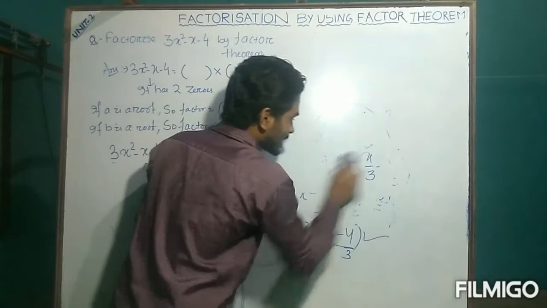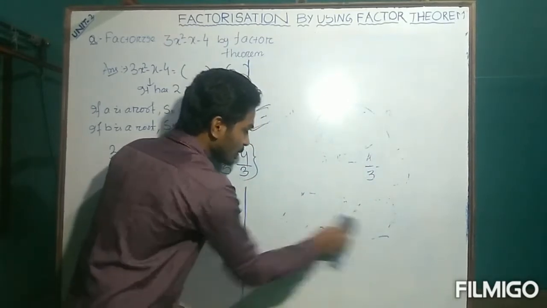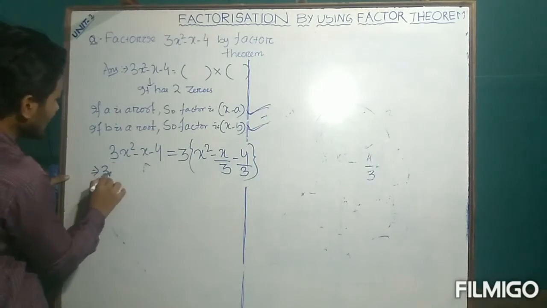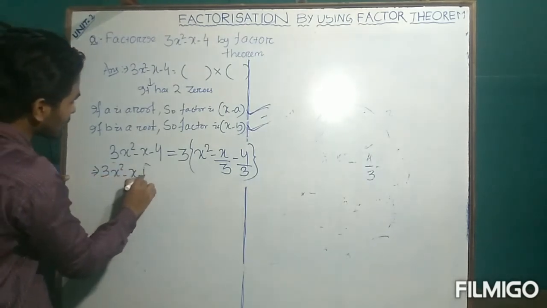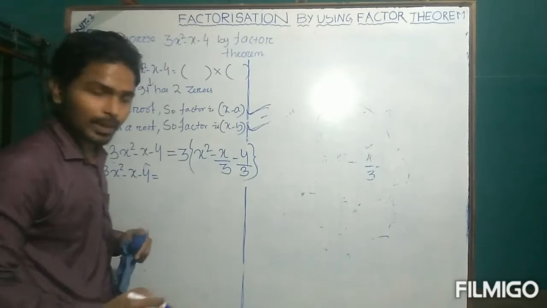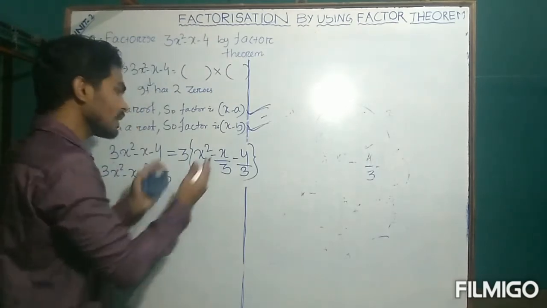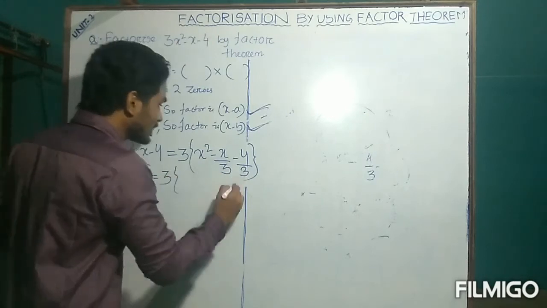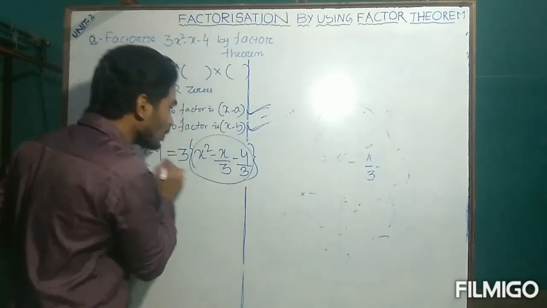Now coming to the next step. In the next step, what we will do? We can write 3x square minus x minus 4 is equal to. Okay. Now, 3 is the multiplication part. This is the common part. Now, is this a quadratic polynomial or not?